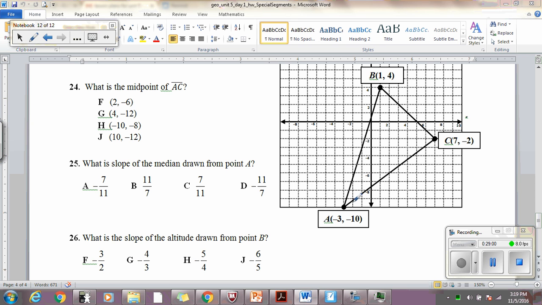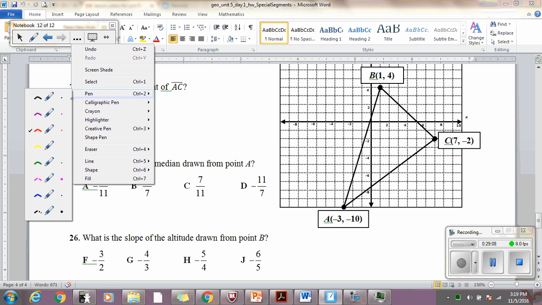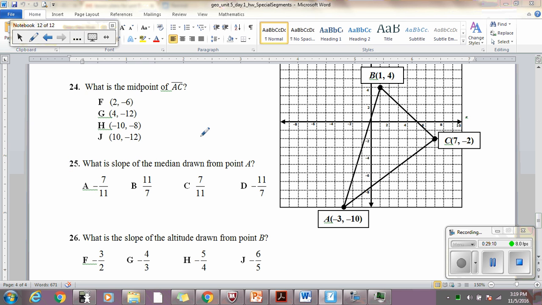Calculating the slope from A to B. So, okay. Now my pen doesn't want to cooperate. It's always something, I tell you. All right. 2, 3, 4, 6, 8, 10, 12, 14.